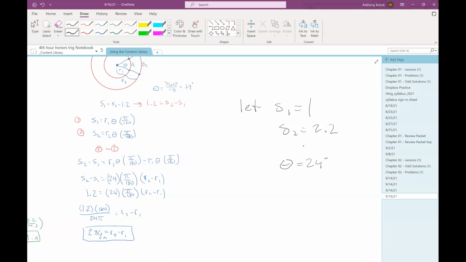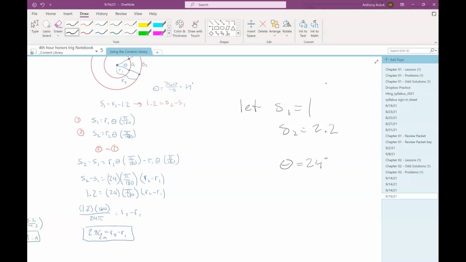Now, why was it okay to just fix this at 1? That's what I was trying to get at. As long as these two things are proportional, it'll work even if you make it bigger, because that arc length formula is fixed. It doesn't really matter what you pick for those arc lengths.